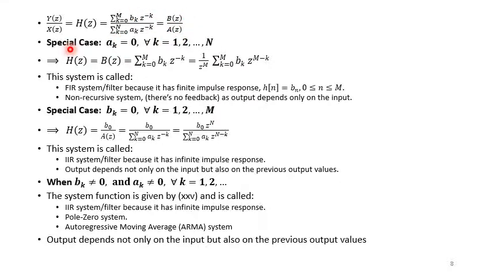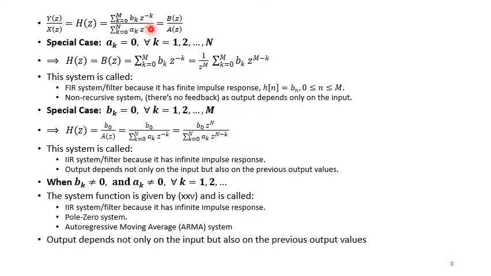Now we take some special cases. Case 1 is when we take a_k equals 0 for all k equals 1 up to N. That means we have just k equals 0, so a_0, and we get something like H(z) equals B(z), that is, summation k equals 0 up to M, b_k z^(-k).